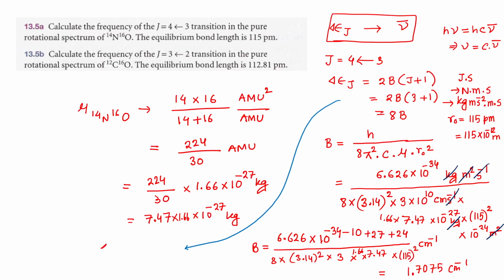your delta E_J, that is your 8 into 1.7075 centimeter inverse, right? And that is going to give you an answer in centimeter inverse. Now, in the question you see, calculate the frequency.